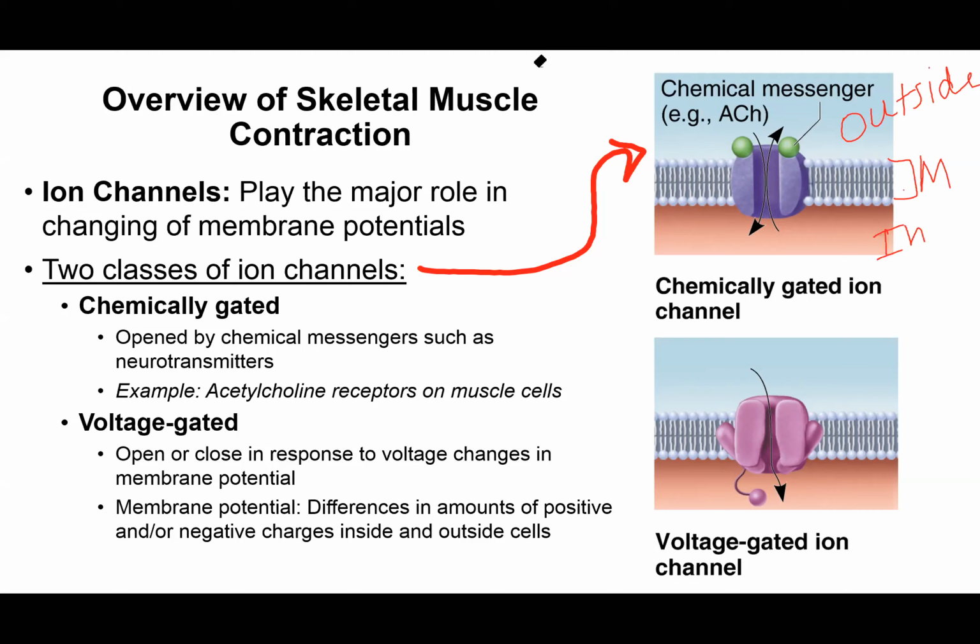And so whenever these channels open, certain ions or certain charges are going to be able to enter the cell, and then certain charges that are inside of the cell are going to be able to exit. Okay?